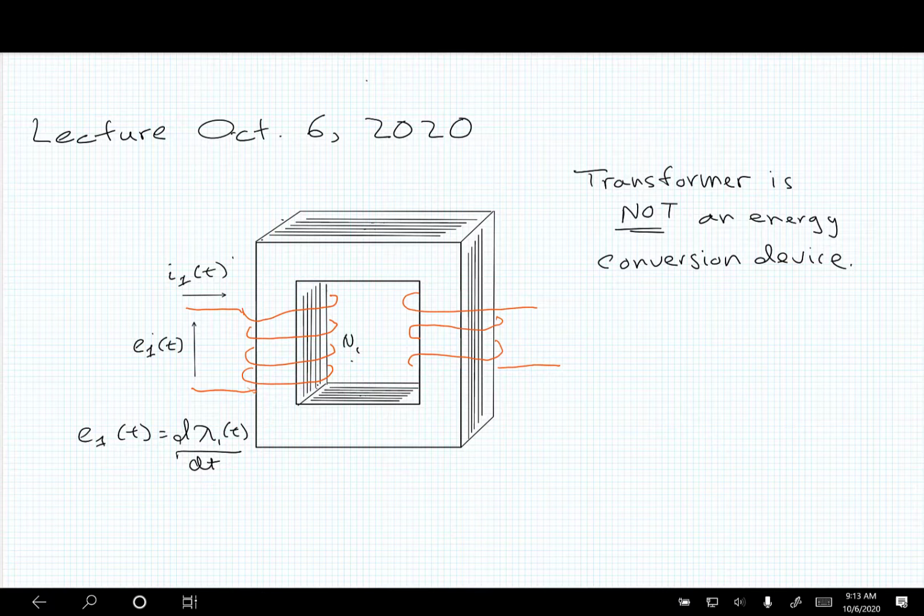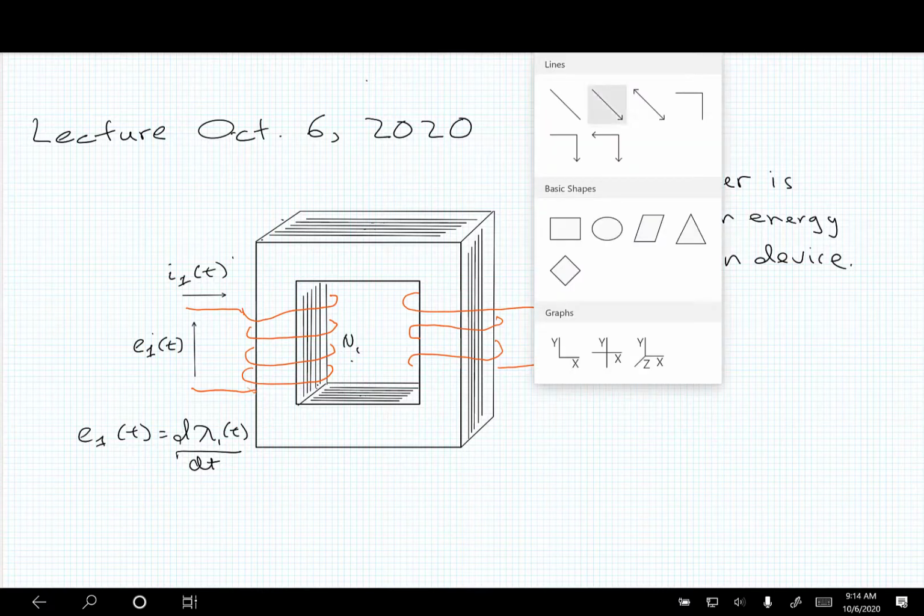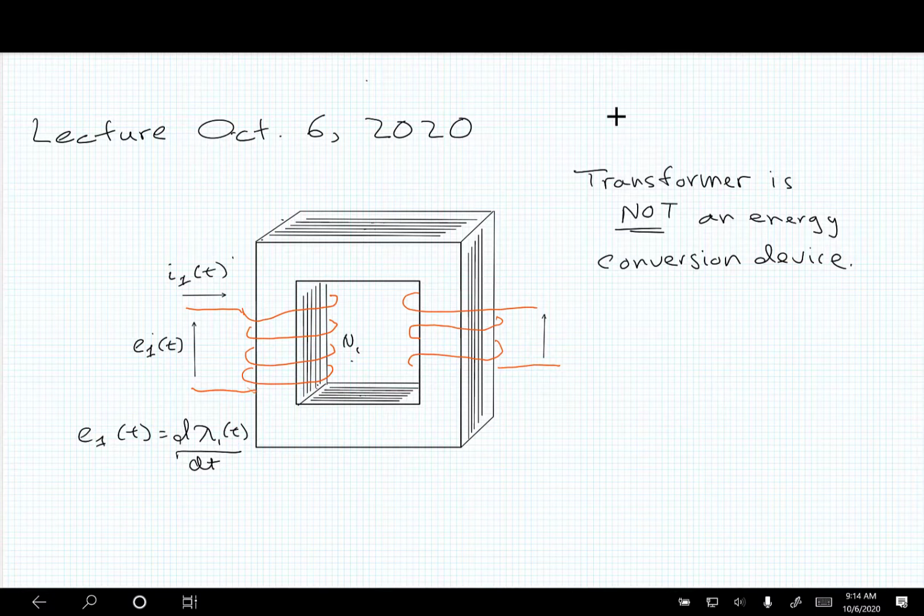I'll talk about the current direction in a moment, but we will define the voltage this way on the other side. When I'm applying these voltages, the arrow is kind of like the plus potential, if you're used to seeing plus minus. I like the arrows because plus and minus to me looks like a DC system, and an arrow is a more general way of looking at voltage potential.